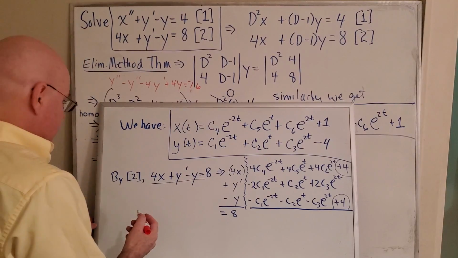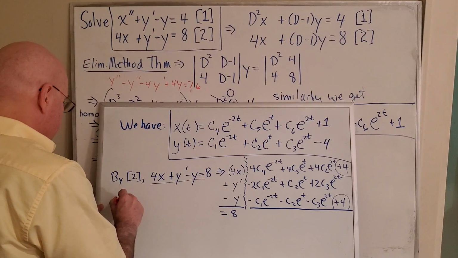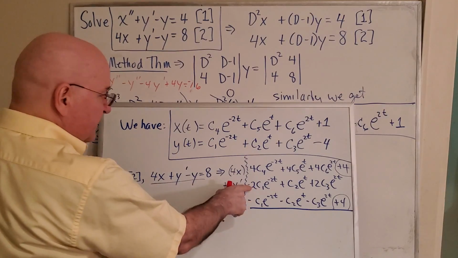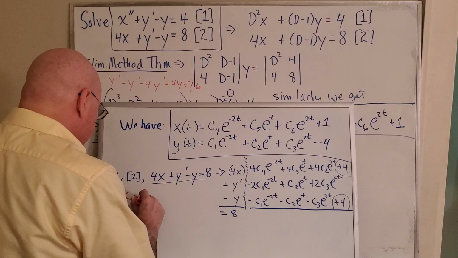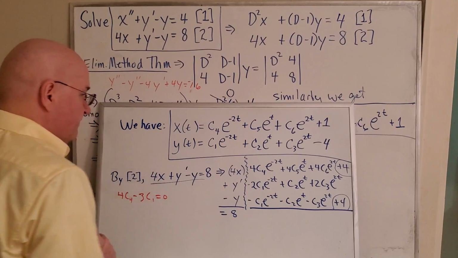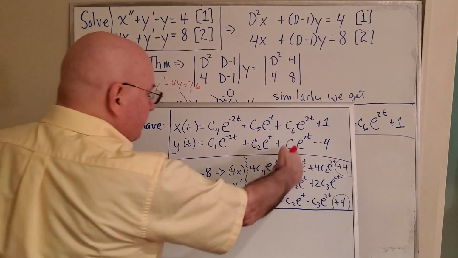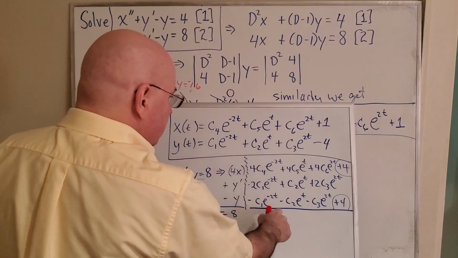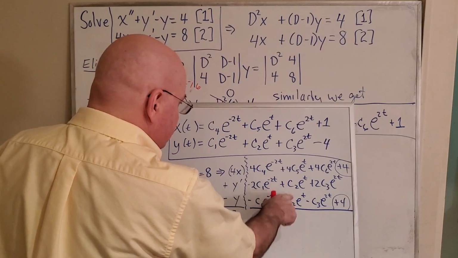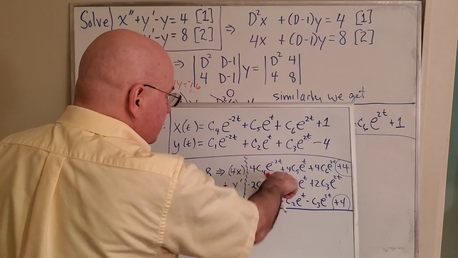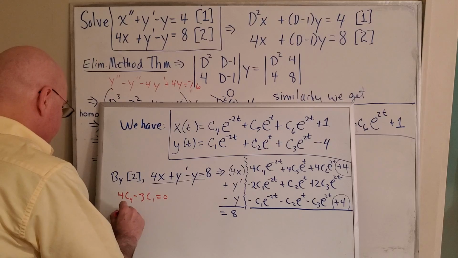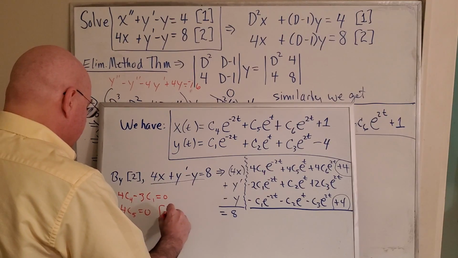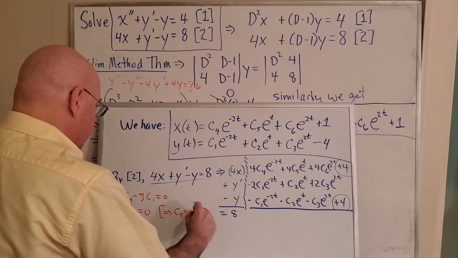So that would give us 4c4 minus 2c1 minus 3c1 equals 0. This column here has to add up to 0. These are all the like terms. Notice the c2 and the c2 and the negative c2 cancel out. So I get 4 times c5 is equal to 0. Well, that's easy. That implies c5 equals 0.